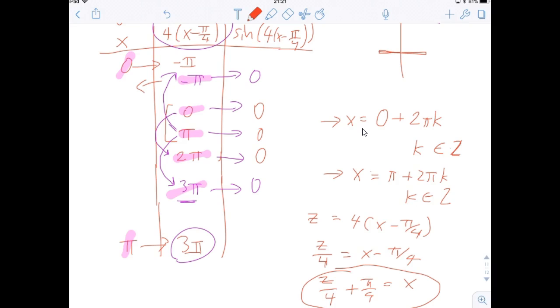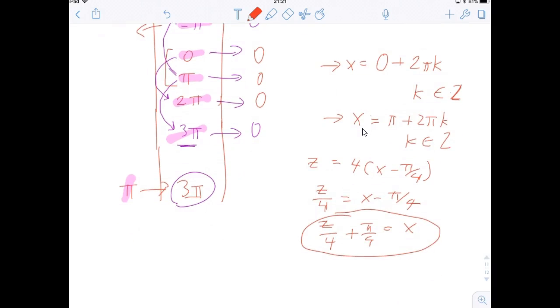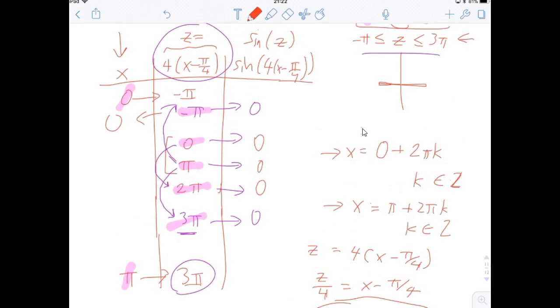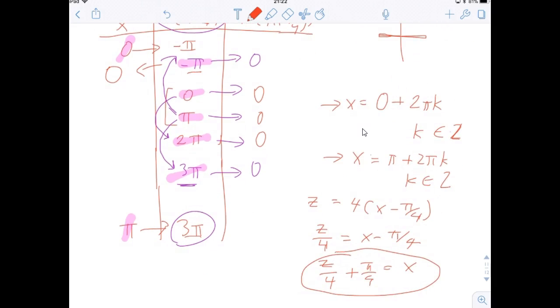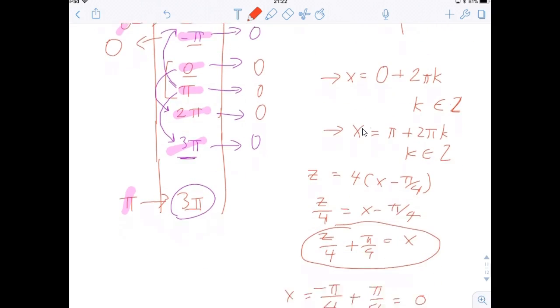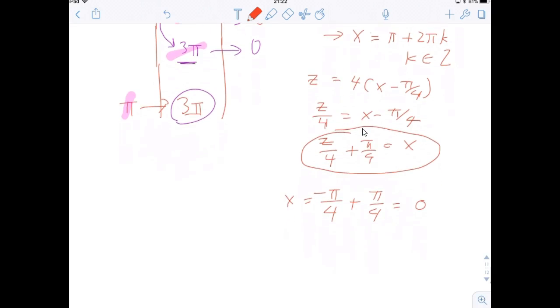Let's try it out. We're going to put negative pi in for z, because that is our first z value, and we are going to see what we get out for x. Look what we get: 0. So the x value that corresponds to the z value of negative pi is 0. Let's see what the x value is that corresponds to the z value of 0.